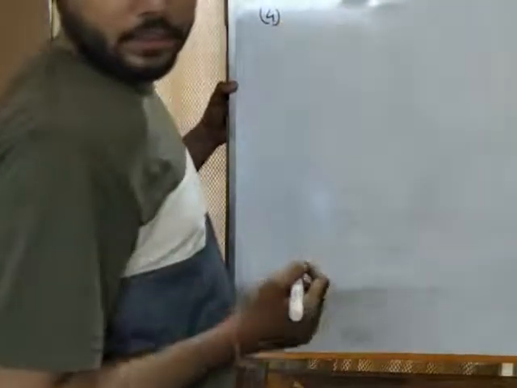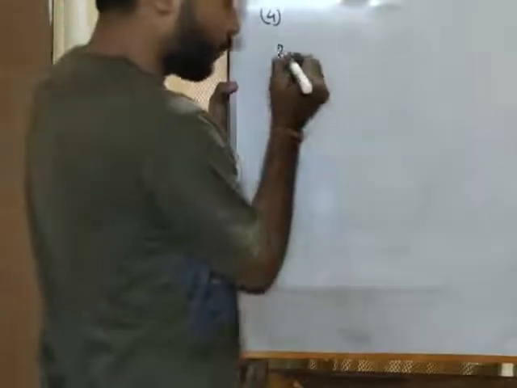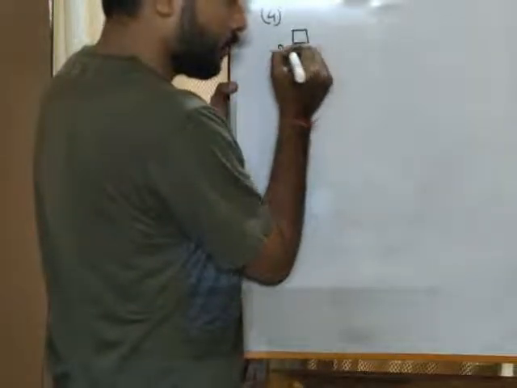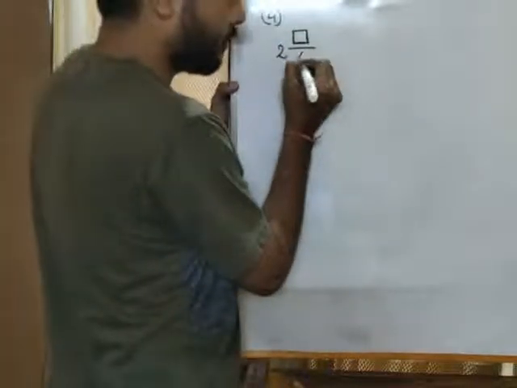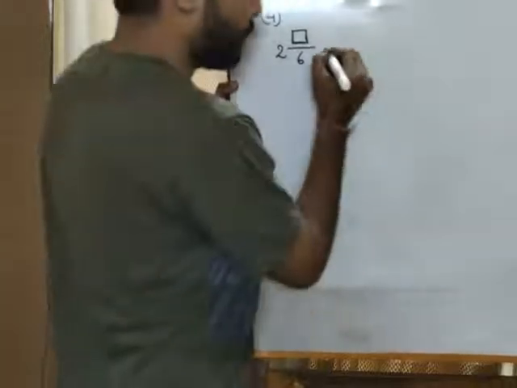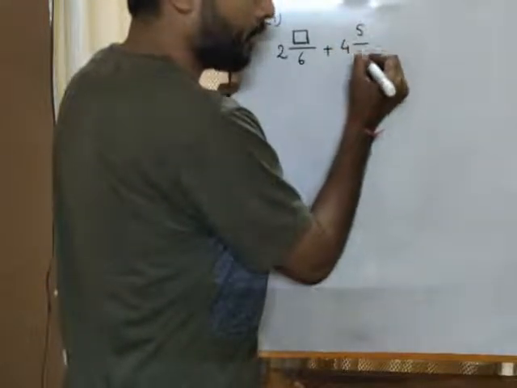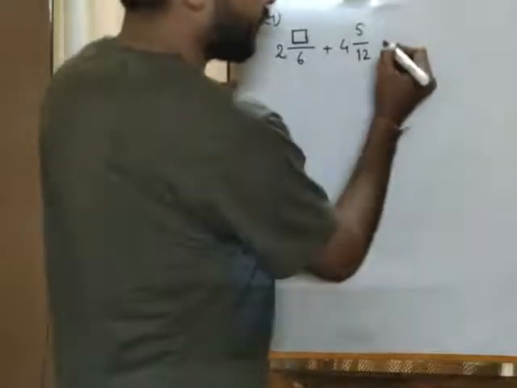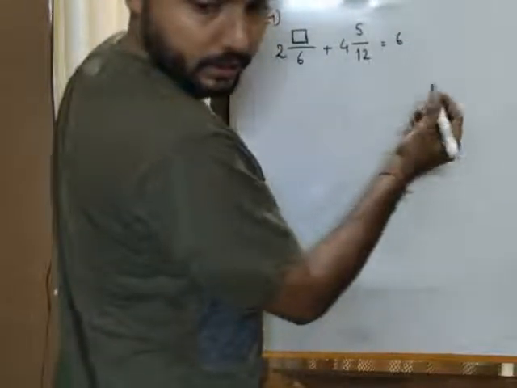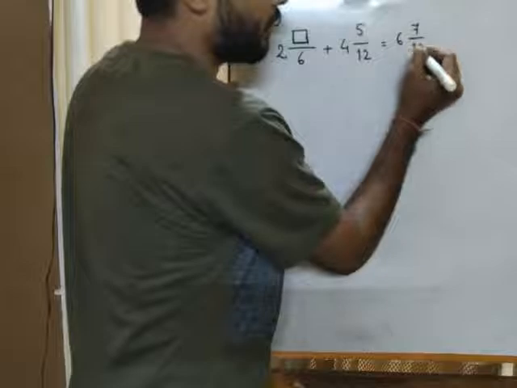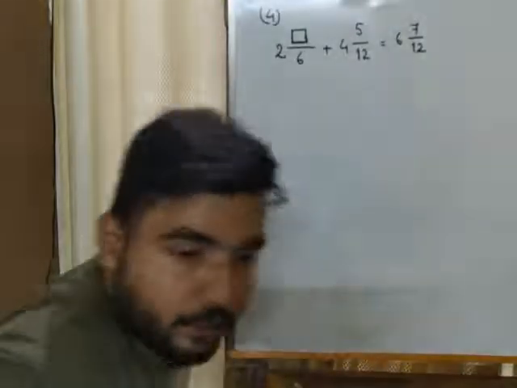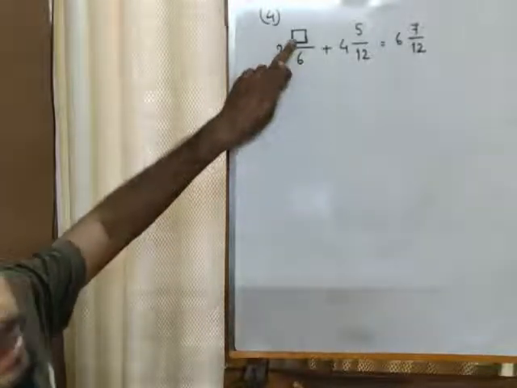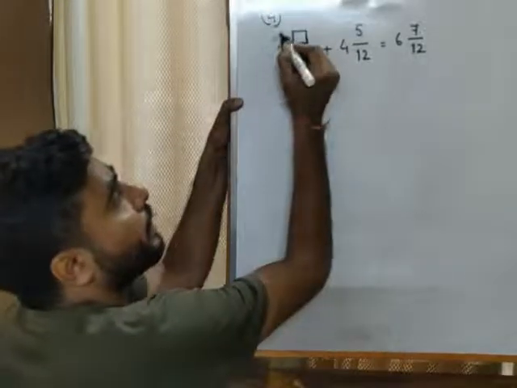The question is 2, I don't know the numerator, so there is a blank, plus 4 5 by 12 is equal to 6 7 by 12. Is it clear, everyone? Did you get the question? I need to know what will be there in the blank space. Okay, so for me this number is unknown.